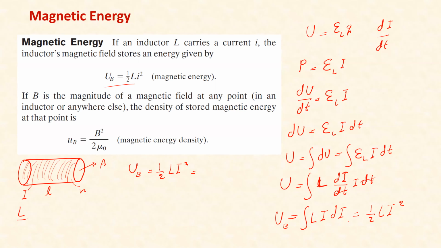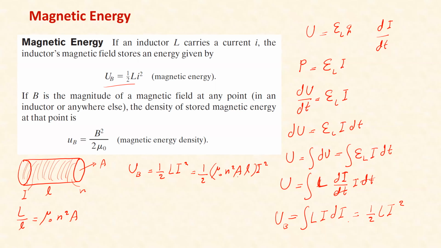We had L over l equal to mu naught n squared times area. So L becomes mu naught n squared area times l. So it becomes 1/2 mu naught n squared area times l times I squared.